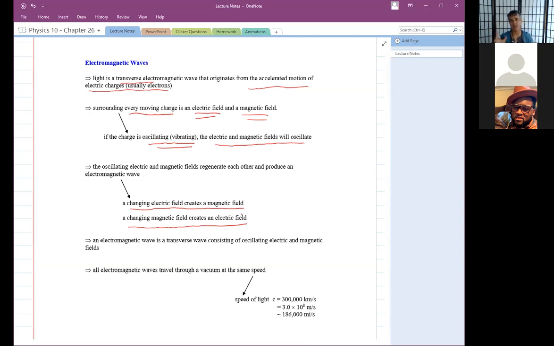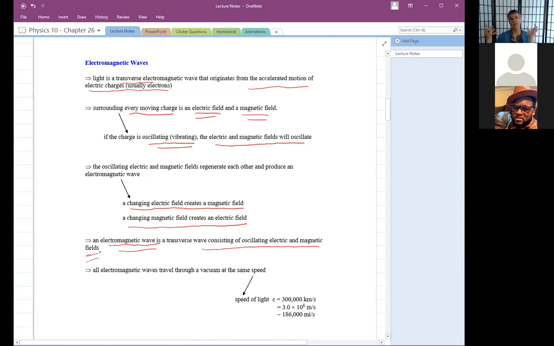But then as the light is traveling through space or through anything, the changing electric field is going to create a changing magnetic field. The changing magnetic field is going to create a changing electric field. In essence, these things just continue to recreate each other as this wave is traveling through space. So at the most general level, an electromagnetic wave is just oscillating electric and magnetic fields.